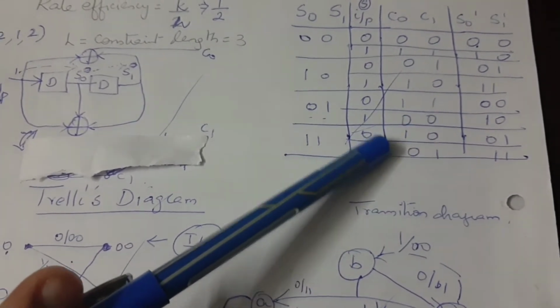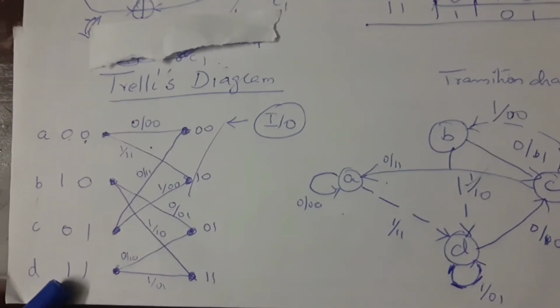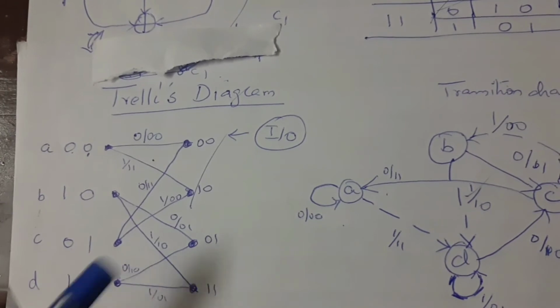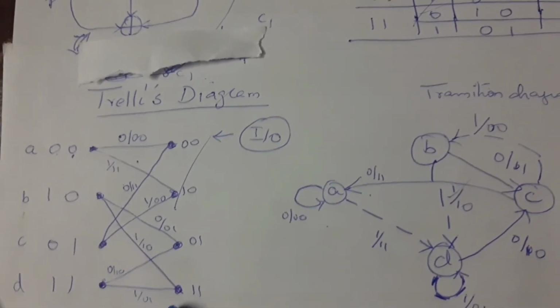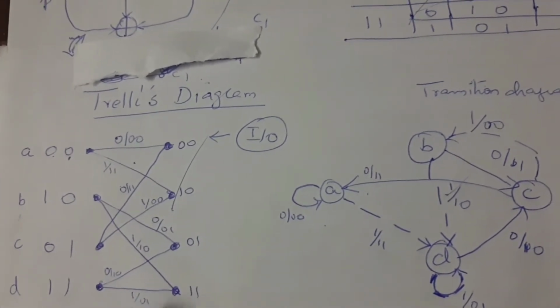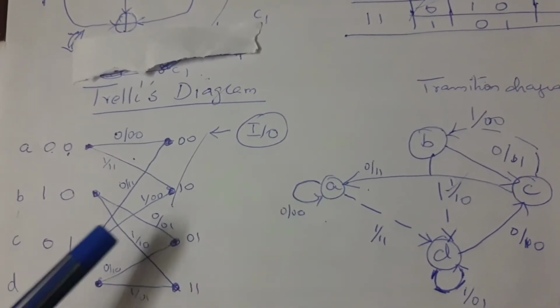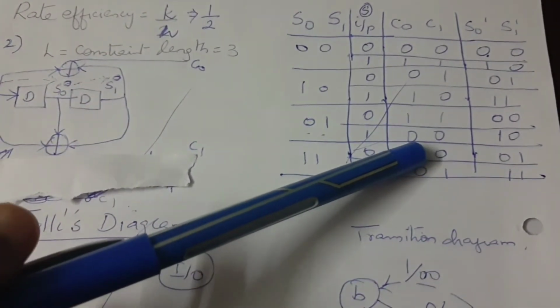So representing this particular state level in the Trellis diagram, 1, 1, if the input is 0, it is moving to 0, 1 state. If the input is 1, it is moving to 1, 1 itself. Input is 0, output is 1, 0. Input is 1, output is represented 0, 1. Therefore, the input and output are going to be the columns representing second and third column.